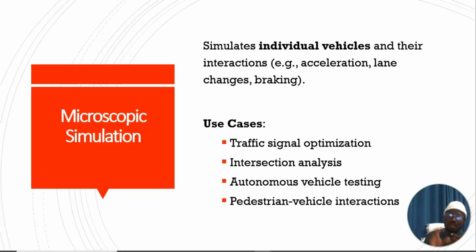It pays more attention to the speed per hour, taking all those things into consideration. That is why we say microscopic focuses on individual vehicles or elements within the simulation network.